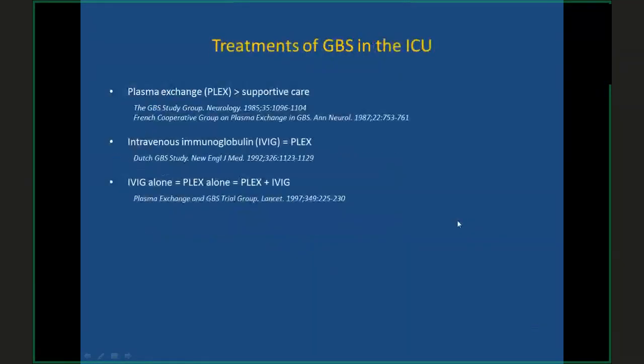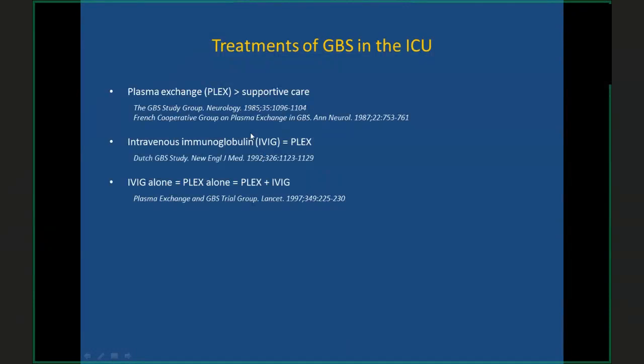Regarding treatment of GBS in the ICU, there are two major treatments: one is plasma exchange, the other is IVIG. Clinical trials in the 1980s showed plasma exchange was effective; patients recovered better and quicker than with supportive care.